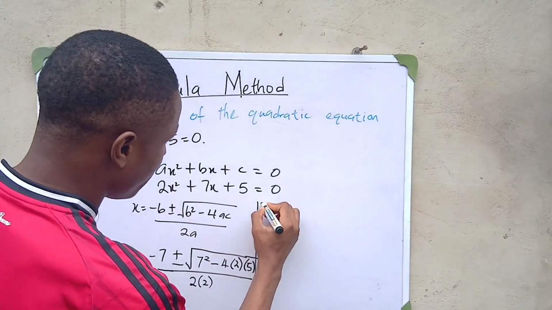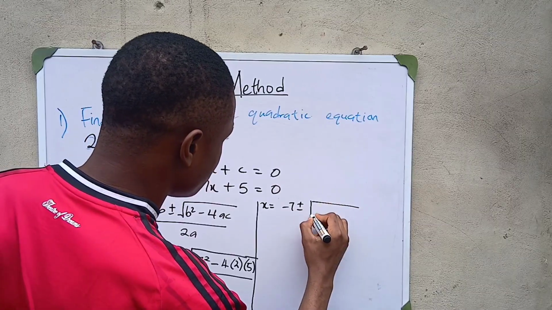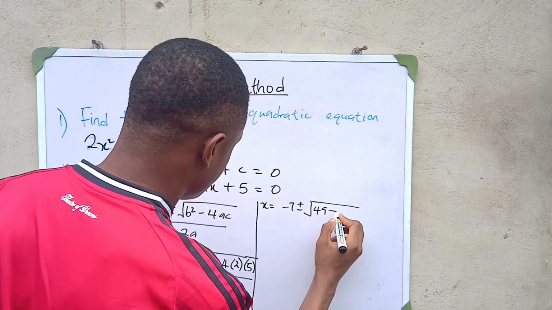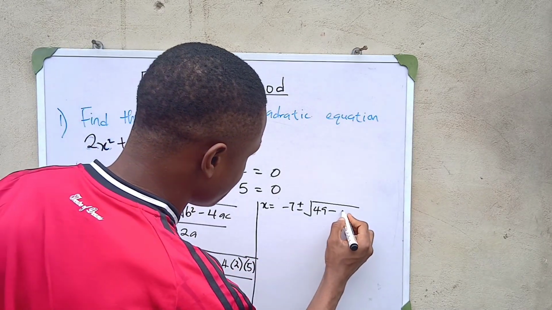So our x is equal to minus 7 plus or minus square root of 7 squared is 49. So we have 49 minus 4 times 2 is 8. 8 times 5 is 40.